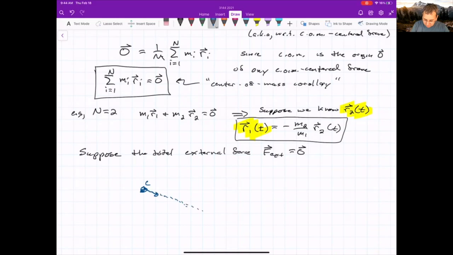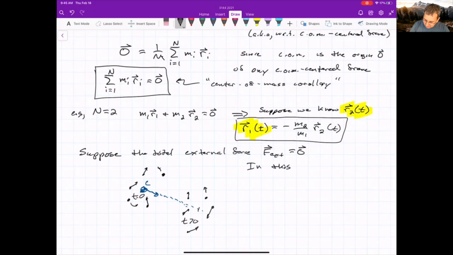So it's going to be straight line motion. And then the particles will do things with respect to the center of mass. So at some later time, let's maybe call this t equals 0, at some later time, there's the center of mass, and these things are still just moving relative to it.